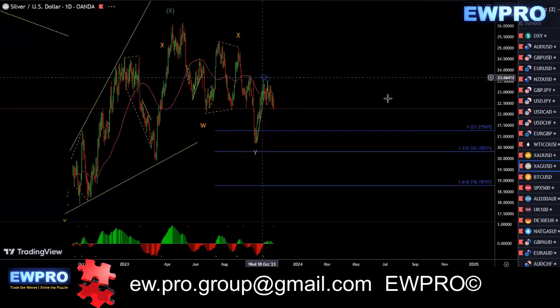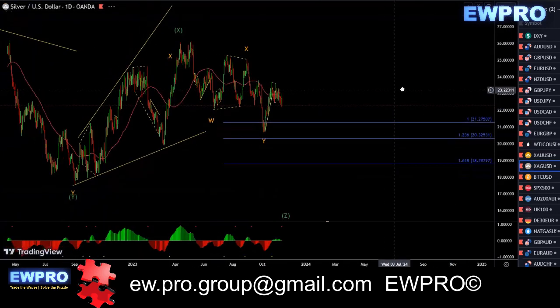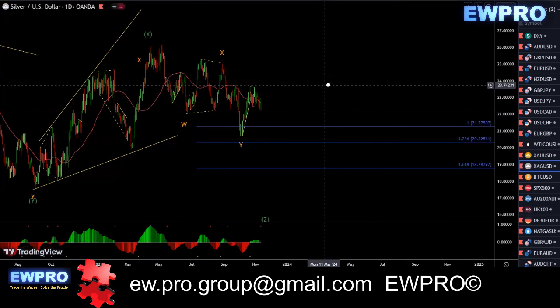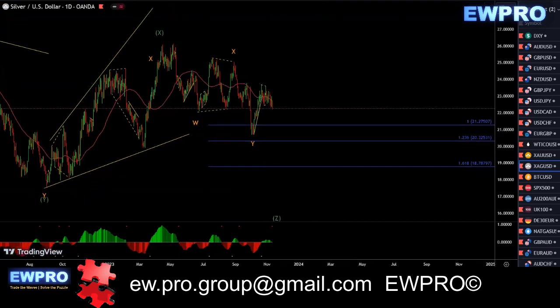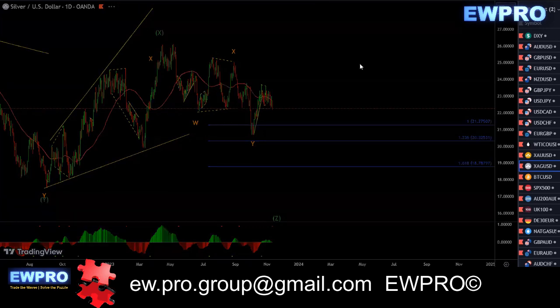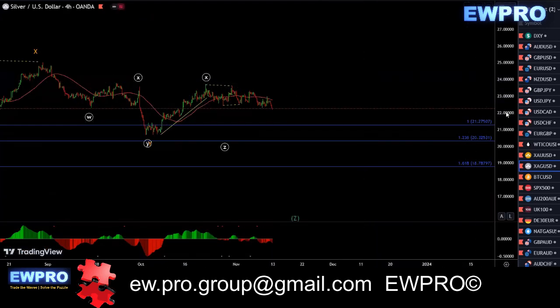Silver's very much the same as gold. This one here did have a bear hidden on it though. So on the daily, we've got that 1, 2, 3, 4, 5. We lost all the bearish divergence and we had that bull hidden for this one here. Then we got this like 1, 2, 3, W, X, Y. If we go down to the lower time frames, you'll see with H4 what I'm looking at.